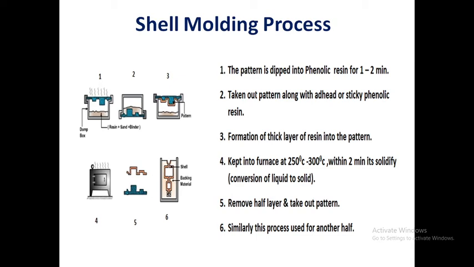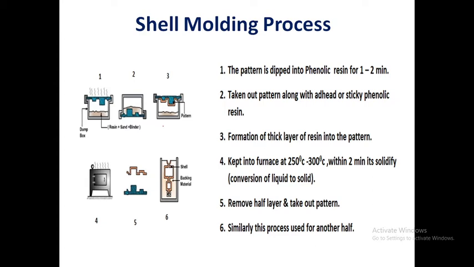Shell molding is also known as shell mold casting. It is an expendable mold casting process which uses resin-covered sand to form the mold. As compared to sand casting, this process has better dimensional accuracy, the productivity rate is also high, and it requires less labor.